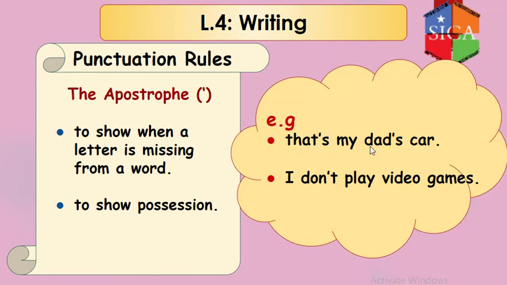Here, that is my dad's car. So here, we remove the letter I, so we put an apostrophe instead. So I is a missing letter, and my dad's car is the car of my dad. So here, this car belongs to my dad.